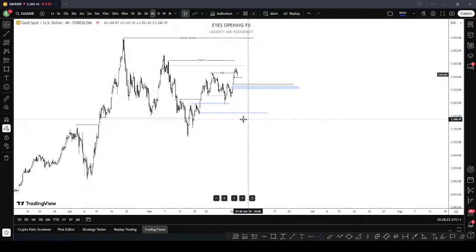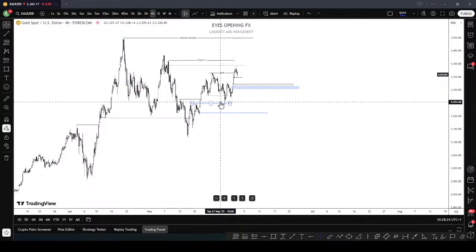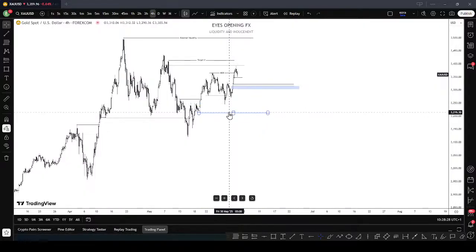So market did not get to this, and it started buying from here. So these are the two POI we are buying gold from.